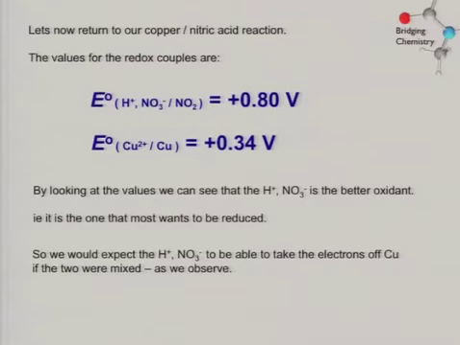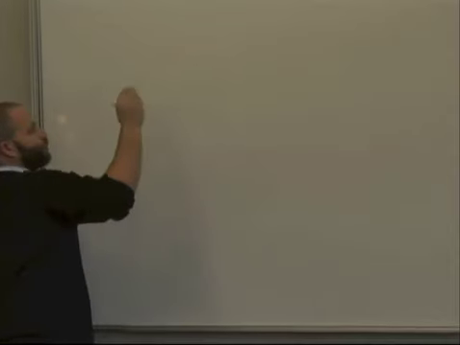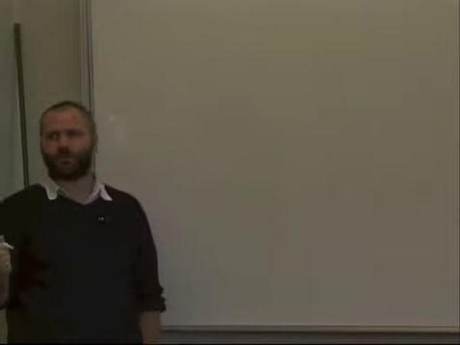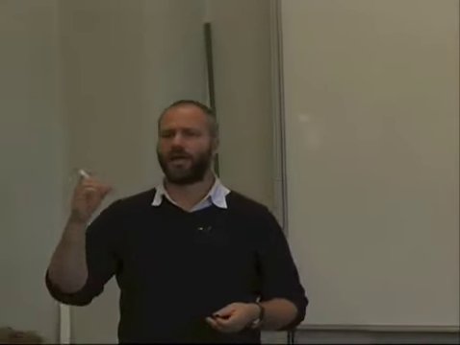What I want to do, this isn't on here, but I'm going to do this on the board. There are, and I'm not going to balance these because I can't be bothered, but there's two possible reactions you could do here, right? Remember that a redox reaction involves a reduction and an oxidation. So let's imagine for these two redox couples that there's going to be two possible redox reactions that you could do, right?